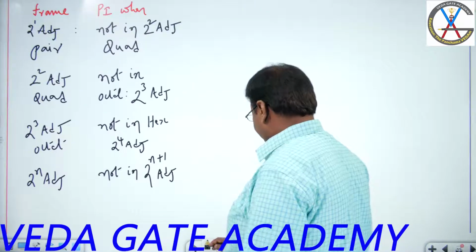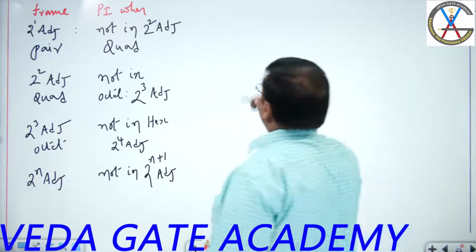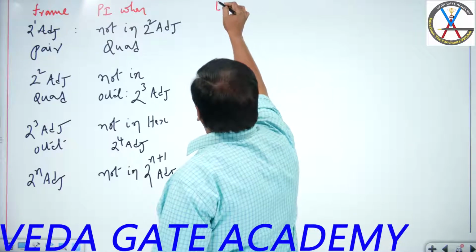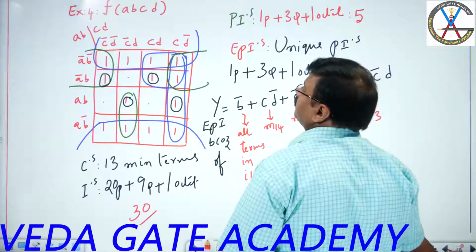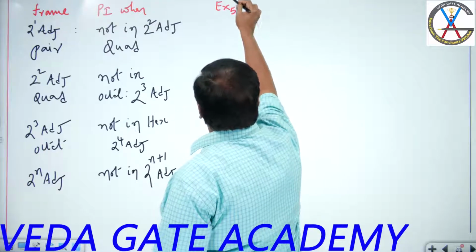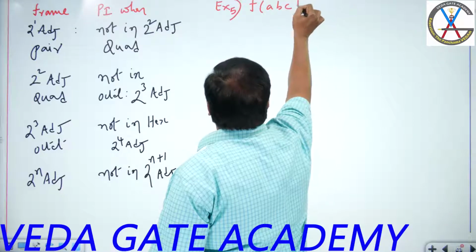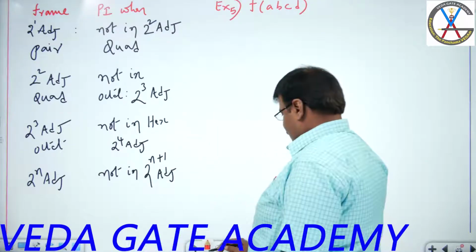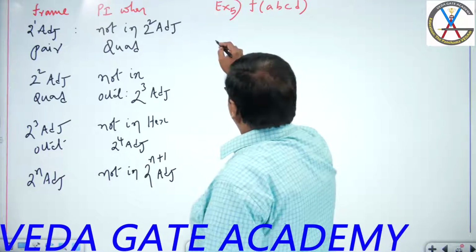Let me take example 4, example 5. F of ABCD, a map here.